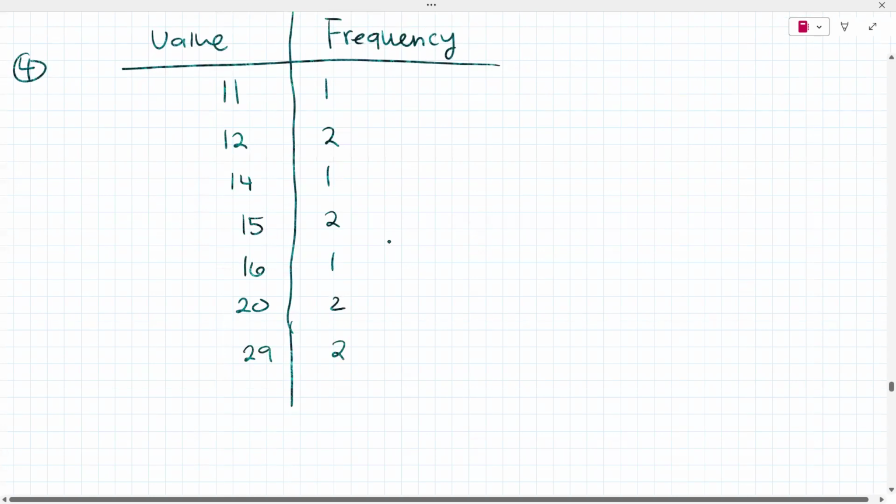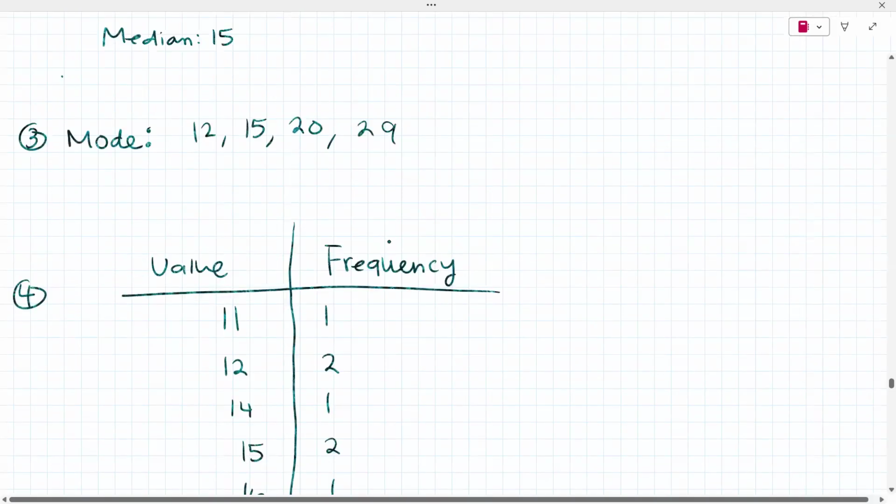Okay, so that is your frequency table. Now let's do a line plot.